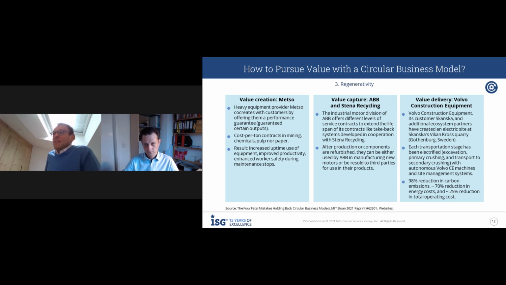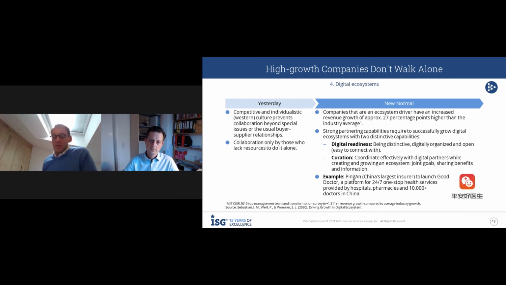And in consequence, a 25% reduction in total operating costs. So you probably would do this not only from a sustainability perspective, but just from a cost reduction perspective. And this is, in my perspective, the way we should think about those topics and really combine the benefits of those things.